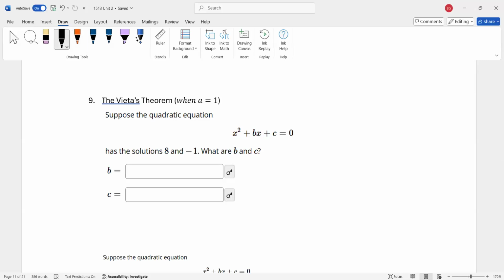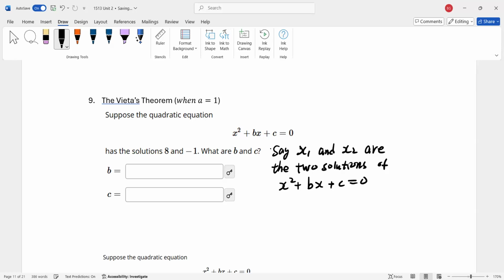Say x1 and x2 are the two solutions of x squared plus bx plus c equals 0.